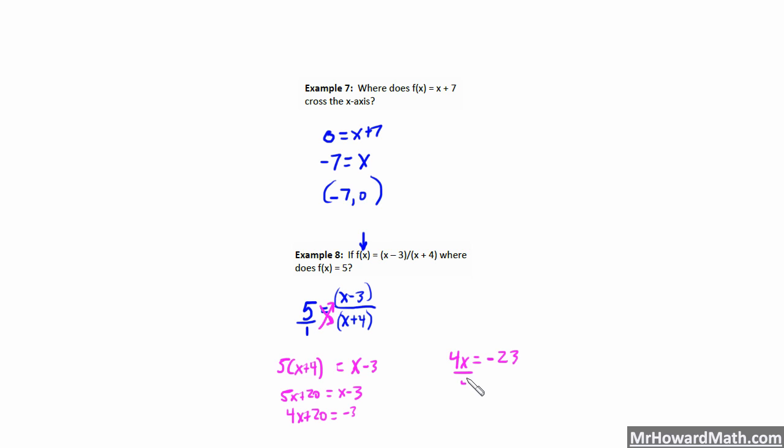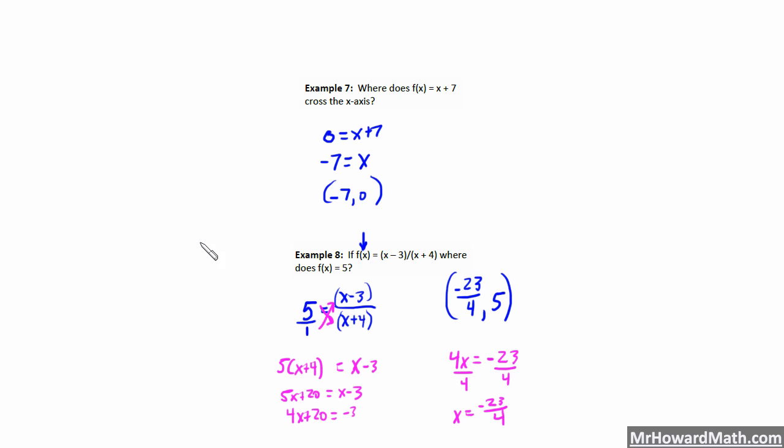Then we just divide by 4, and we get x equals -23 over 4. So that means when f of x equals 5, the ordered pair would be (-23/4, 5).